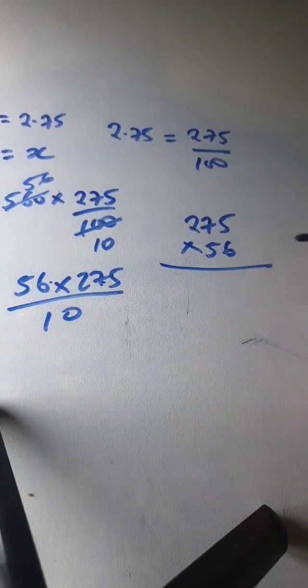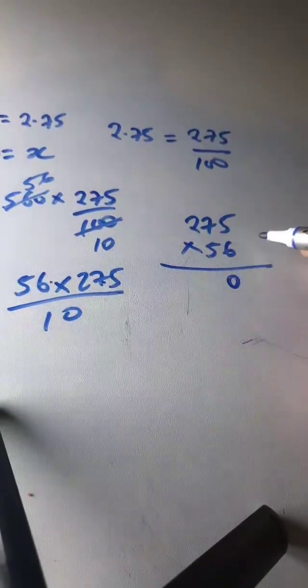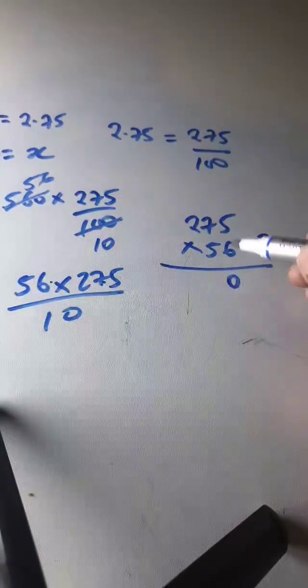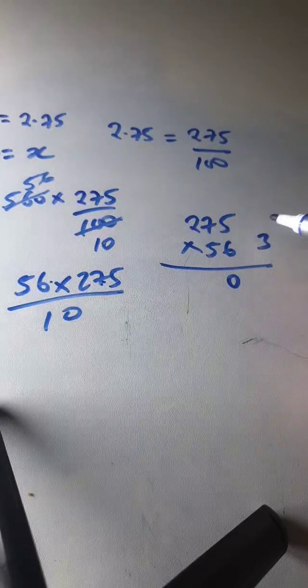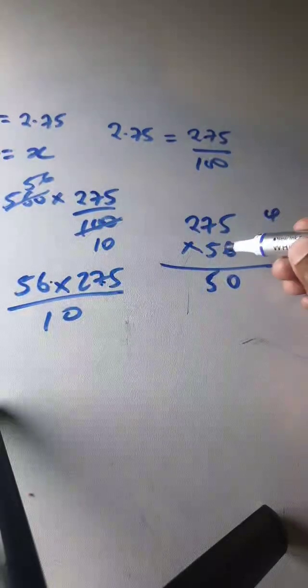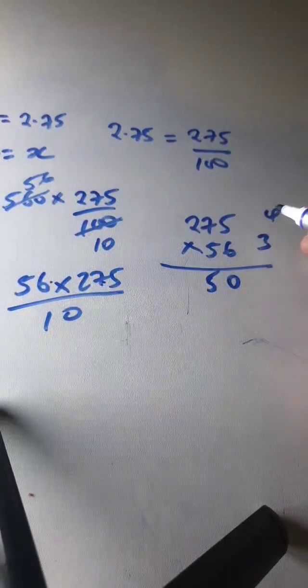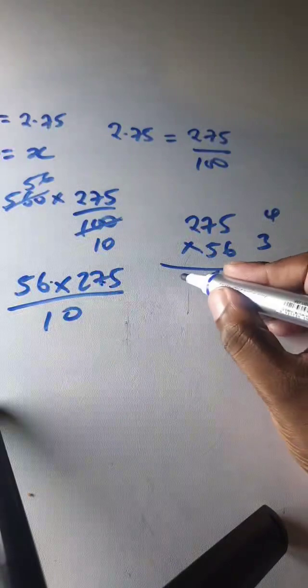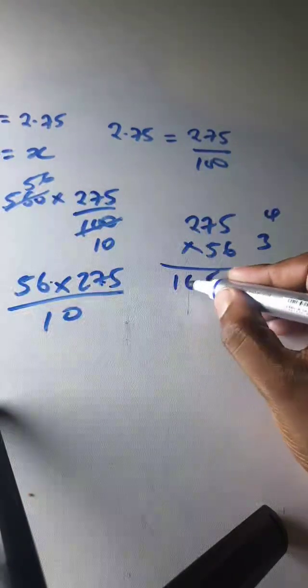6 times 5 is 30, 0 remainder 3. 6 times 7 is 42, 42 plus 3 is 45, 5 remainder 4. 6 times 2 is 12, 12 plus 4 is 16.